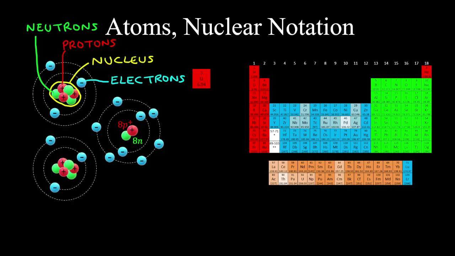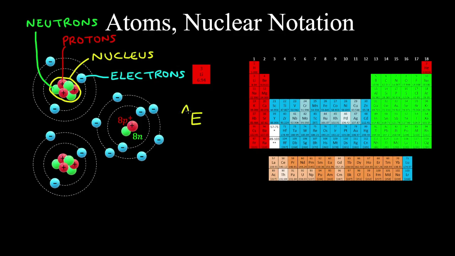So the number of neutrons and protons in an atom can be represented using nuclear notation. So we have the element that we're referring to, a mass number A, and an atomic number Z. And you'll have the charge depending on whether we're looking at an ion.